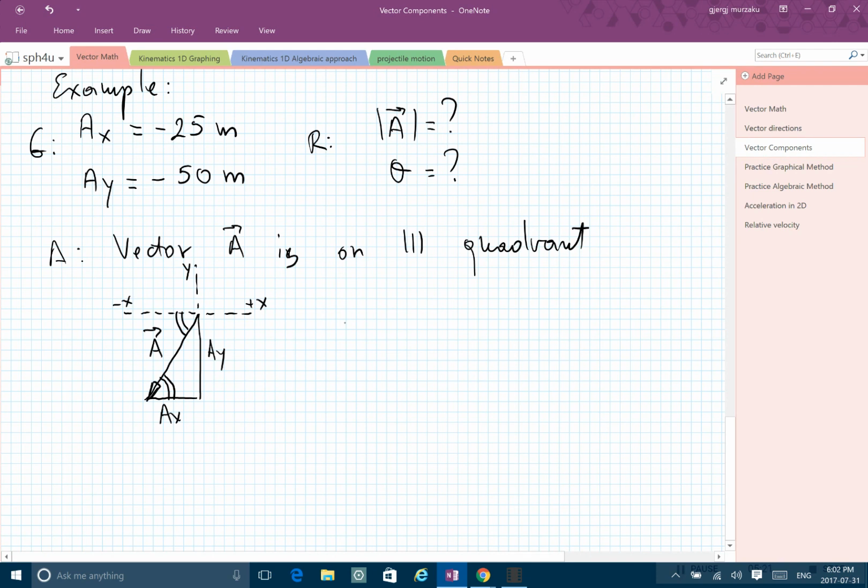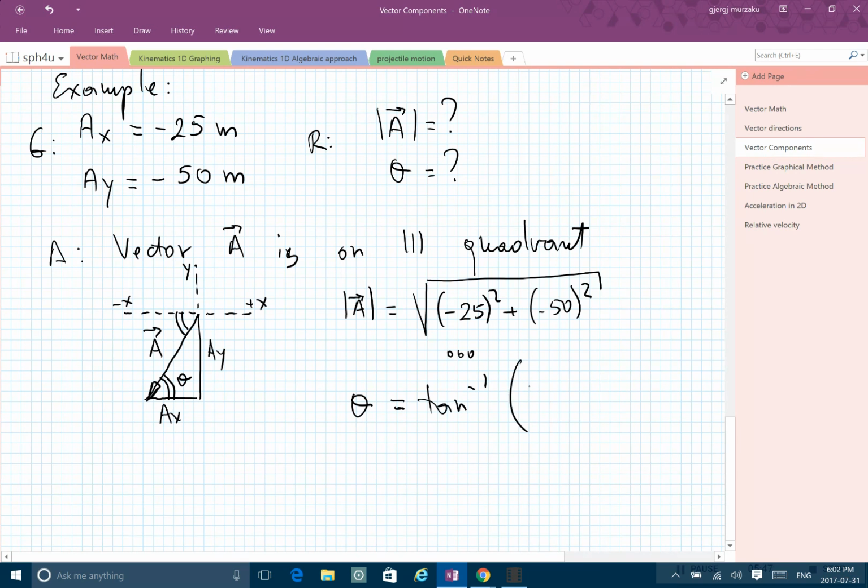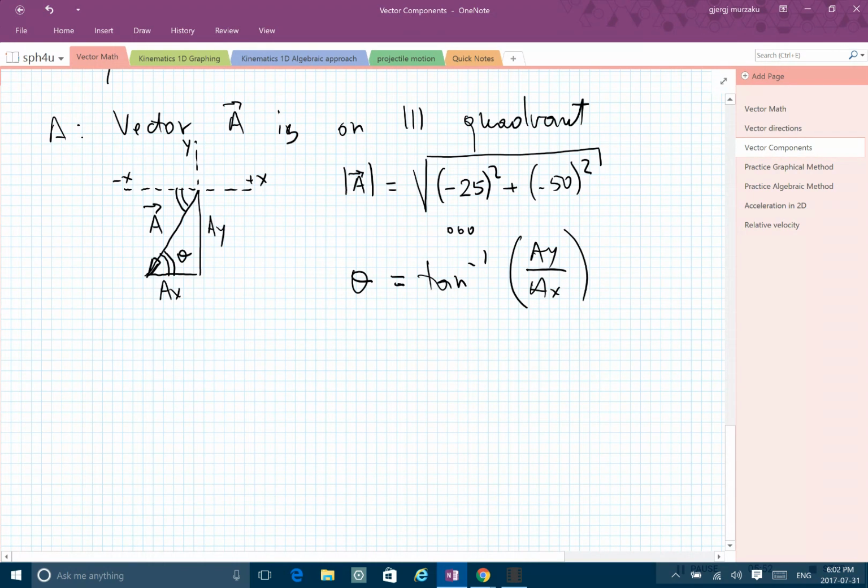All right, so let's find, I'm not going to do the numerical answer. I'm just going to say the magnitude of A is the square root of negative 25 squared plus negative 50 squared, and I'm just going to leave it like this. No problem doing the math there. And the angle theta, so let's say this is theta, in this case is inverse tan of AY over AX. We don't have to worry about the signs because we already know where it is.